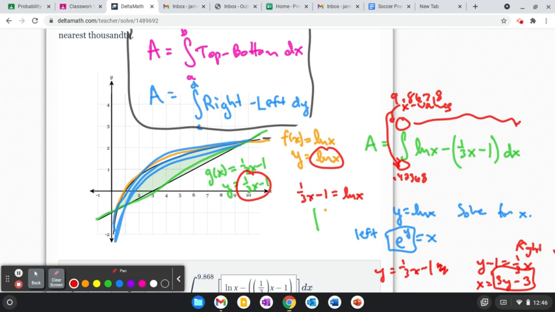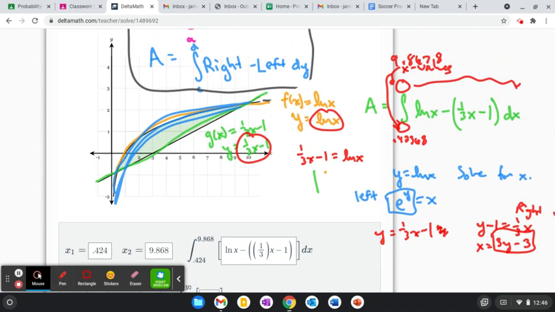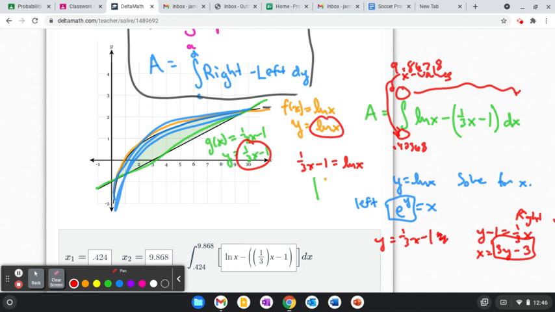Okay, so when I type this out, it's going to be the right minus the left. So it's going to be the integral of the right function, 3y minus 3 minus e to the y, dy. Along with this, I also need the y's, because I've got y's inside of my integral.